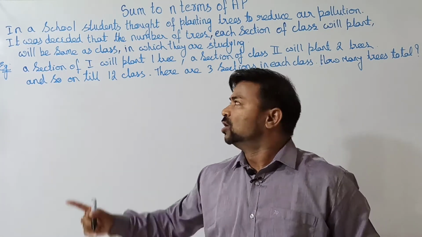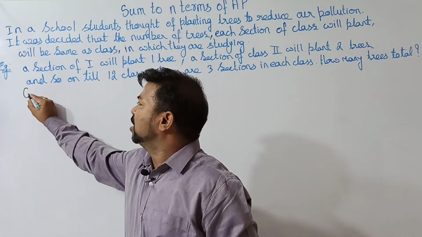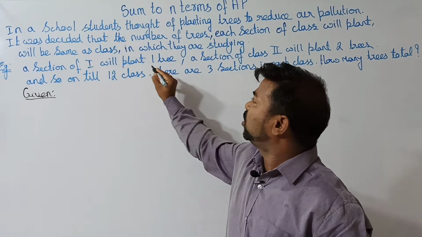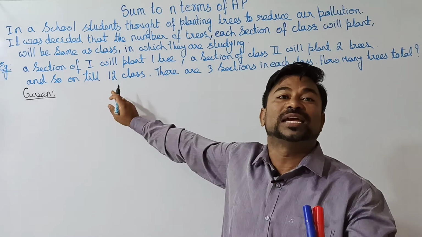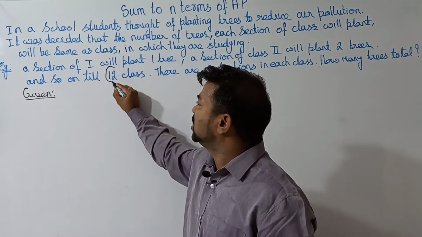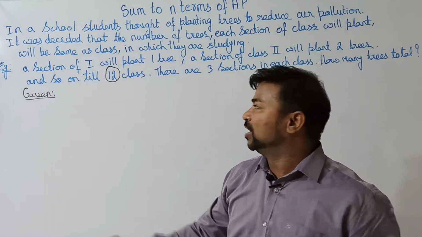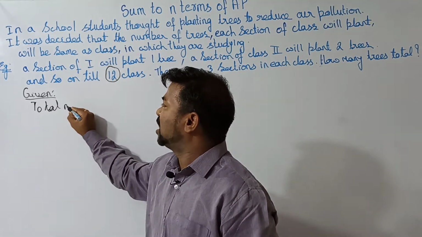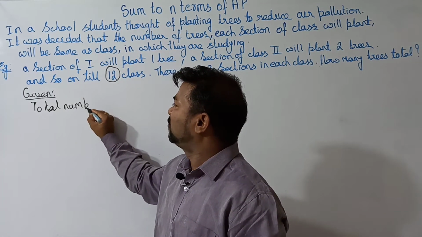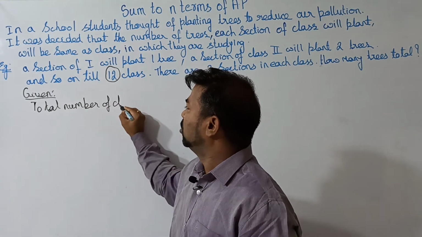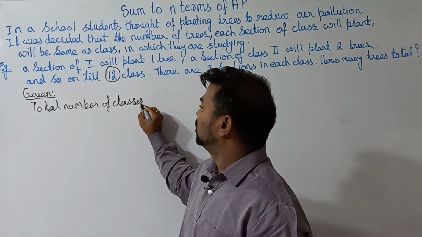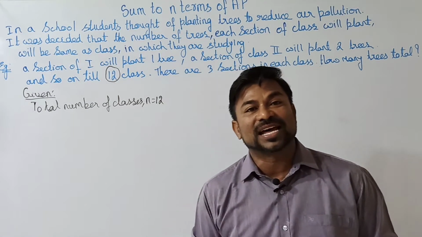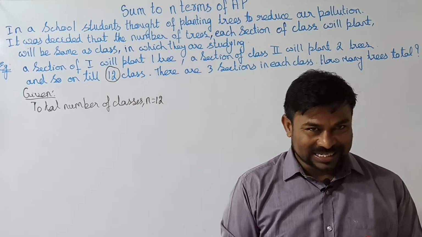Now let's come back. Given what he has given here, first, the total number of classes. How many classes are there? Totally 12 classes are there.